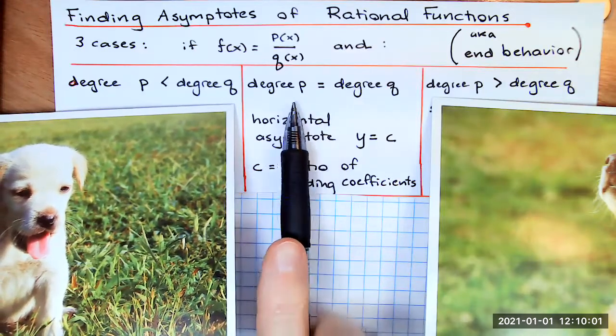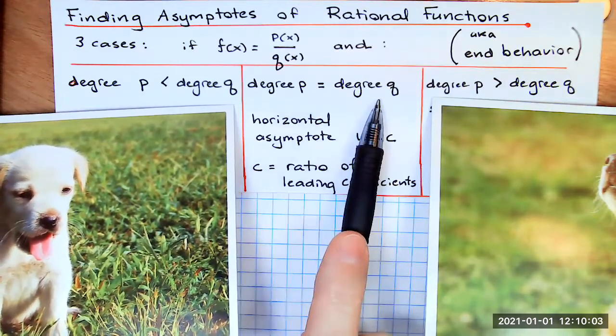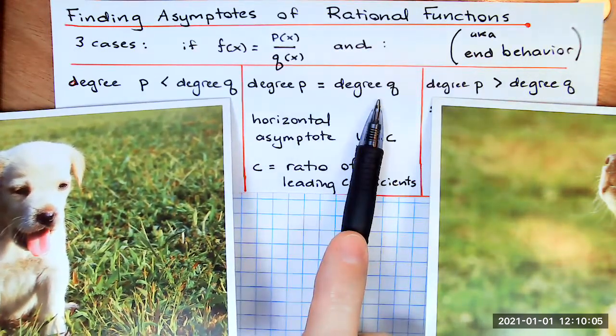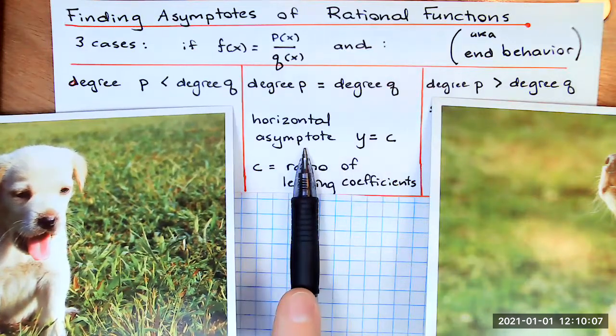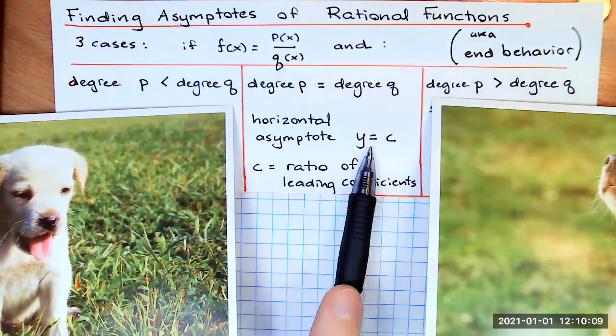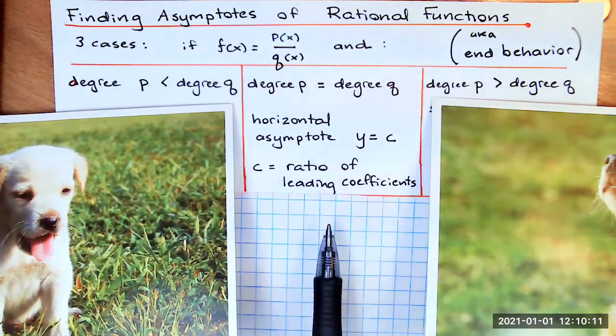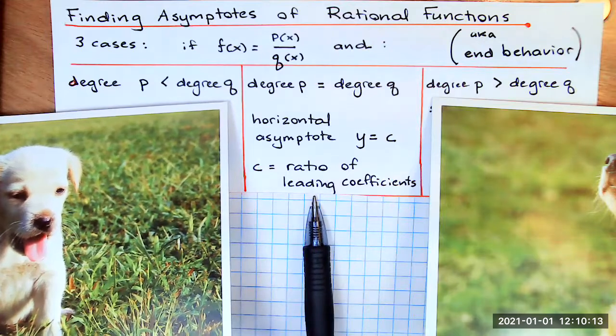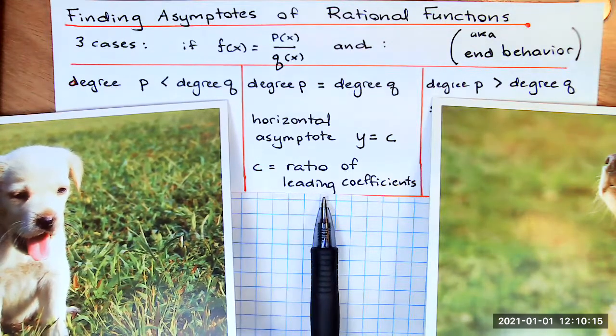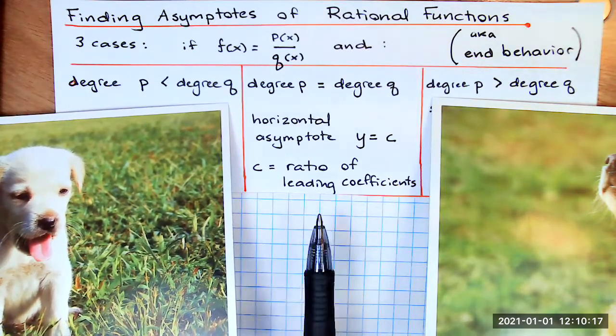And if the degree of the numerator is equal to the degree of the denominator, then you get a horizontal asymptote of y equals c, where c is the ratio of the leading coefficients. And we'll do another example of that.